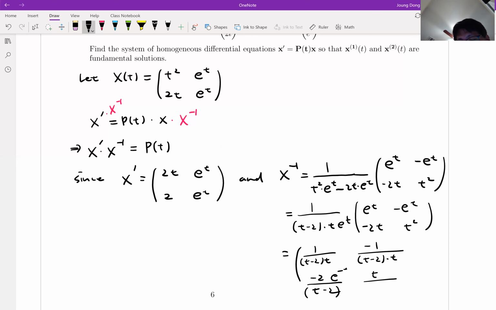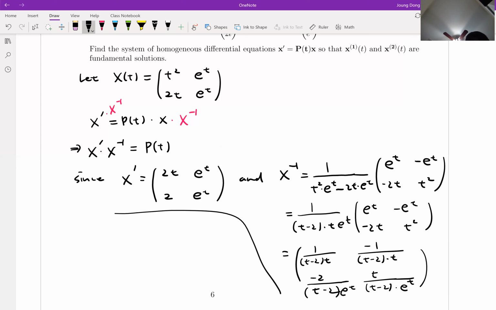Or I can write a negative power, but okay. This one for here. Then, okay, so now we hold this thing. My matrix P(t) is X prime times X inverse.